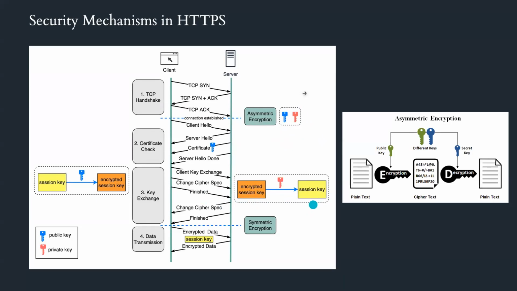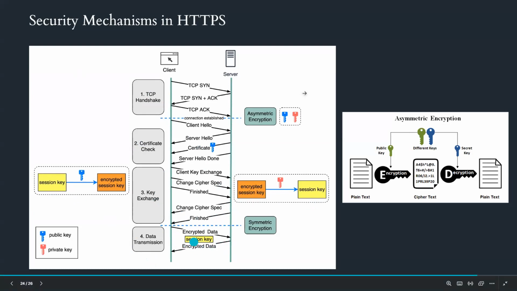So after generating the session key, the server will send a finished message saying, okay, the transfer of keys is now finished. And after receiving the finished message, the client will be able to transfer the data. The client will encrypt the data using the session key that it has stored at the device level.